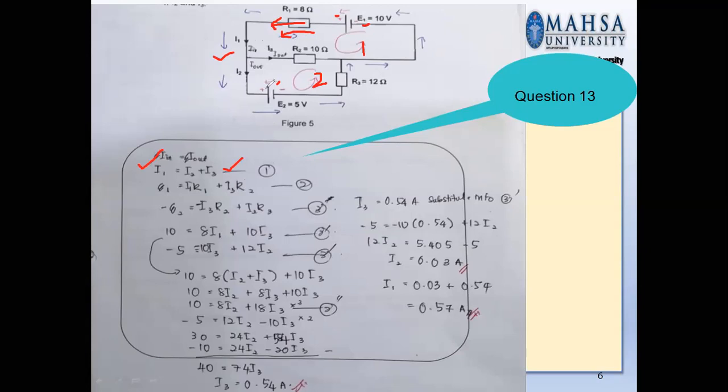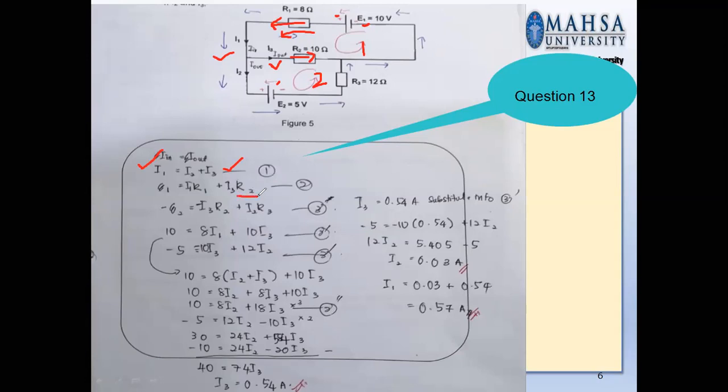If you refer to your circuit here, you have I3 across R2. So on your first loop, you have I3 R2.